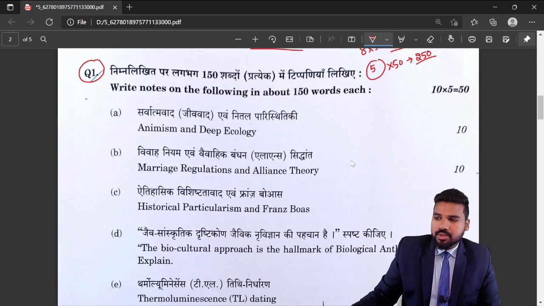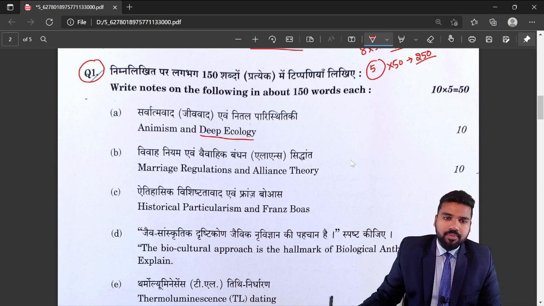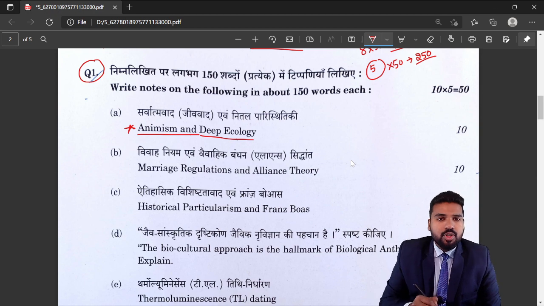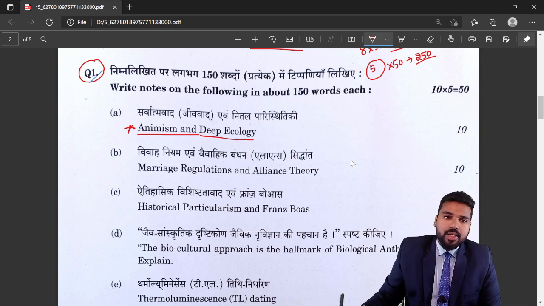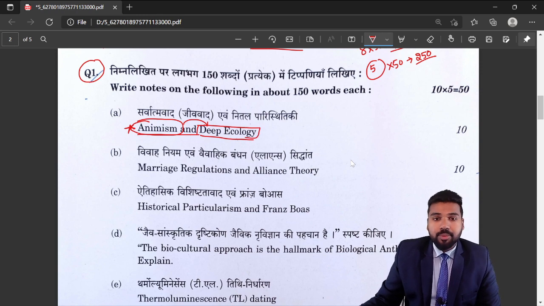The first one is animism and deep ecology. It is from the concept of religion. Here we have different types of early religion forms, animism, totemism, and how they have developed. There is a link. They're asking what link it has with deep ecology.